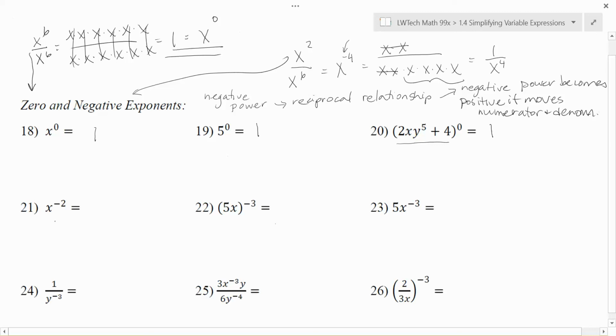So, for example, if we have x to the negative 2nd, that becomes x to the positive 2nd if it moves to the denominator. Now, I do need to show that it's a fraction in the denominator, so I do need a numerator, and we always just use 1 if there's nothing else there.